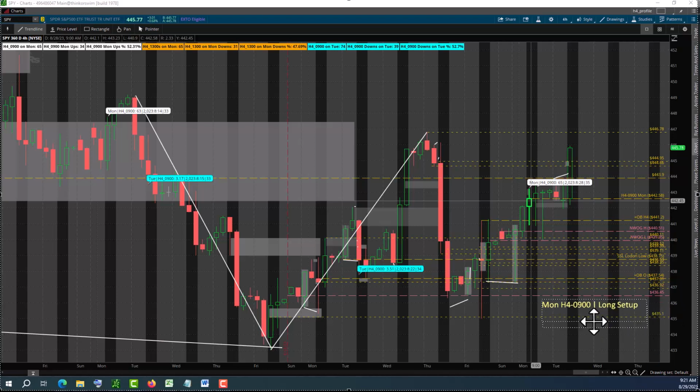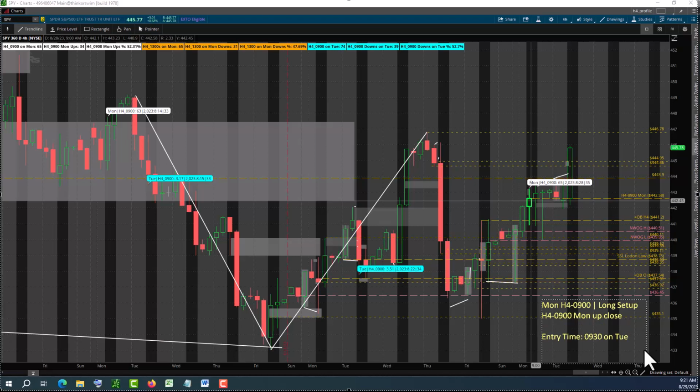The basic idea of this setup is just to make sure that the 9:30 candle on Monday is an up close, and we're going to play this trade on Tuesday. The entry time, you can set at 9:30 on Tuesday.